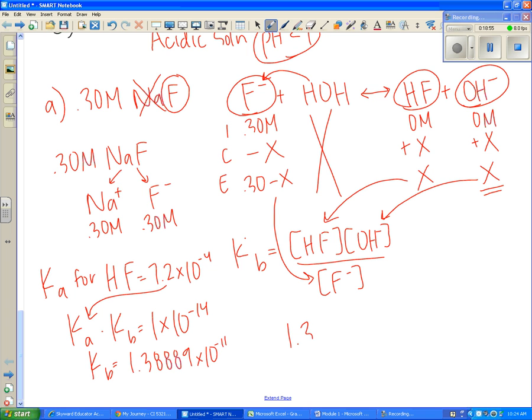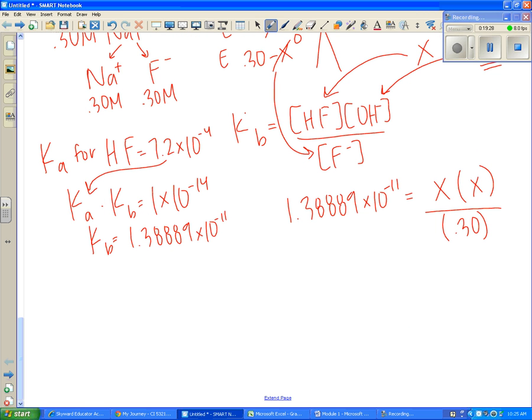All right, so 1.38889 times 10 to the minus 11 is equal to x times x divided by, because this value is very, very small, what assumption can we make about this x here? Like subtracting 0, that will make our calculation a little bit easier. So divided by 0.30. So multiply both sides by 0.30 and then square root to solve for x.